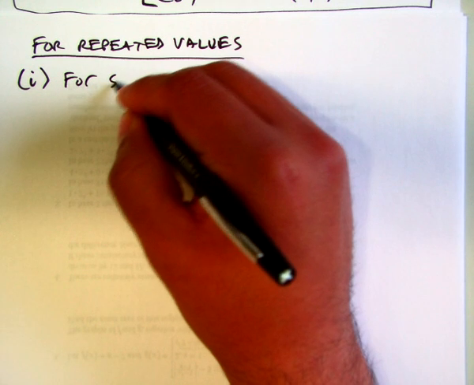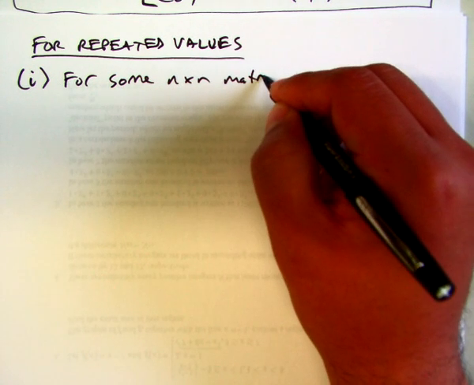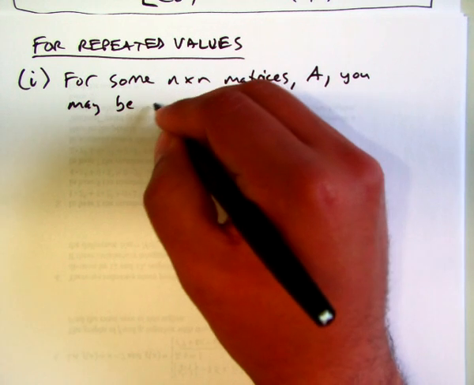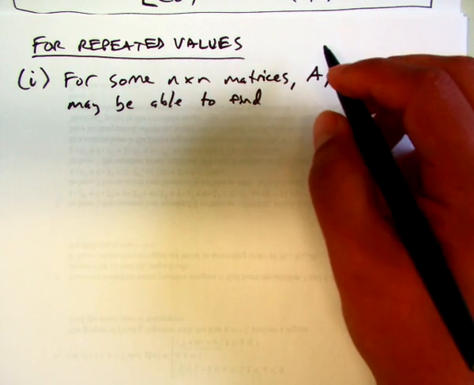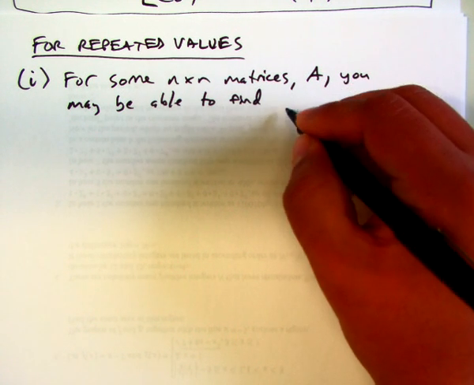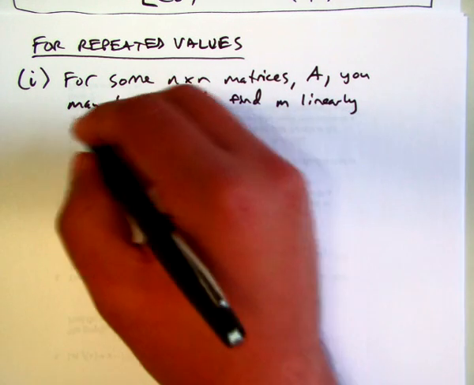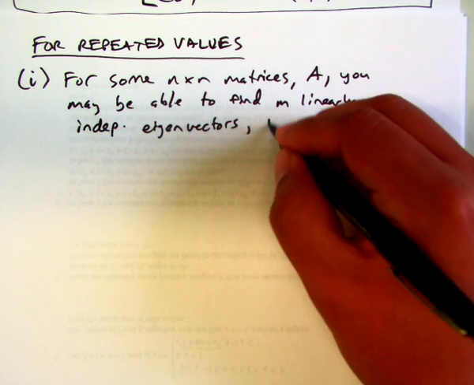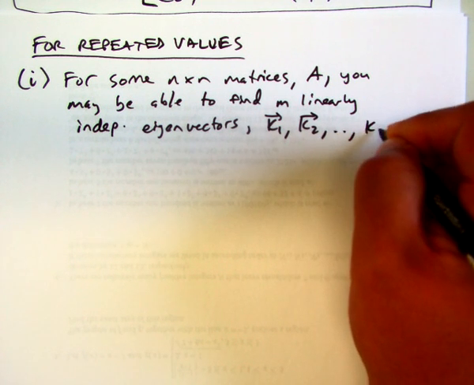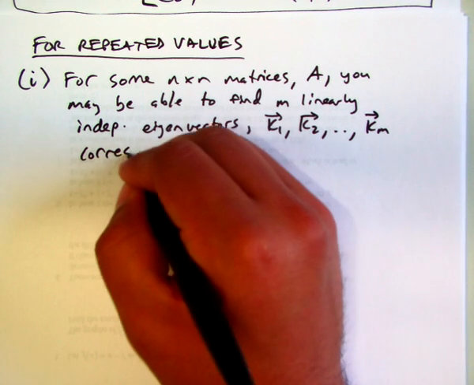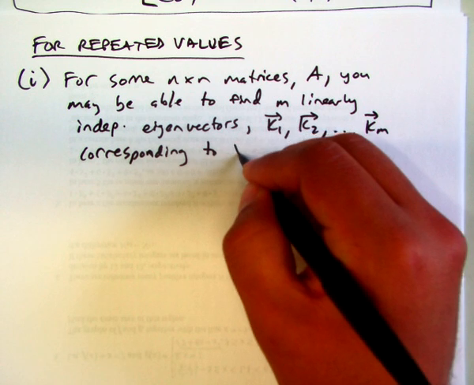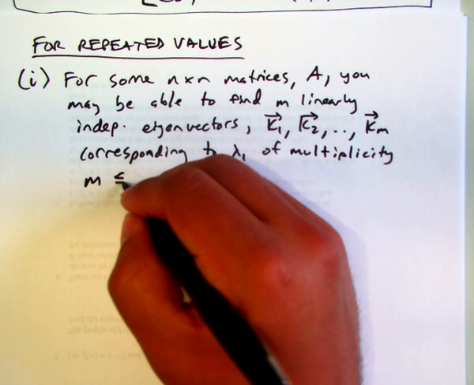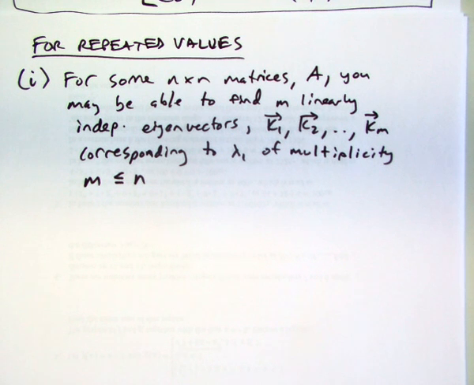For some n by n matrices A, let's call it, you may be able to find m linearly independent eigenvectors, which we'll call k1, k2, all the way through k sub m, corresponding to lambda 1 of multiplicity m, which may be equal to the dimensions or the size of your system, but maybe less than.